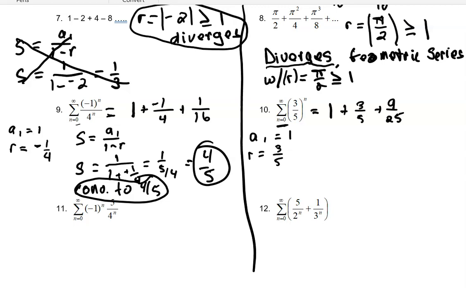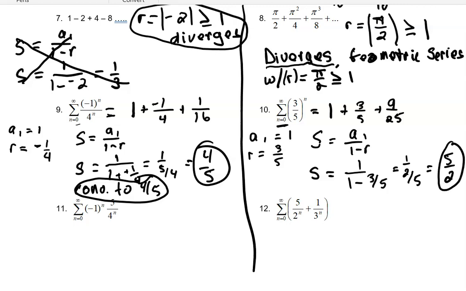That is a ratio whose absolute value is less than a 1. So we should have a sum. This will work. First term is 1. 1 minus our common ratio of 3/5. And what is that? 1 over 2/5 for a sum of 5/2.